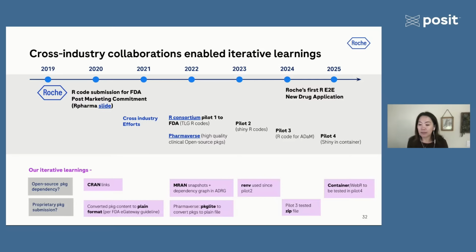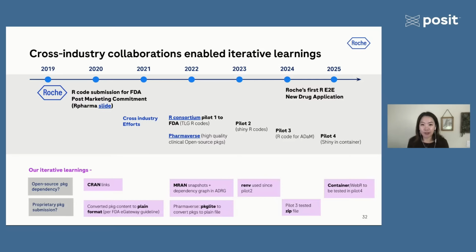So for the PMC submission, we needed to manually convert all the package content into a plain text file to do the submission. And then during the R Pharma conference, we discussed with a number of people from different companies, and our collaborators from Merck came up with a very smart idea to build an R package to automate the manual process.